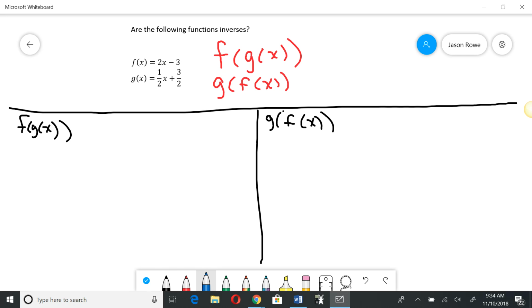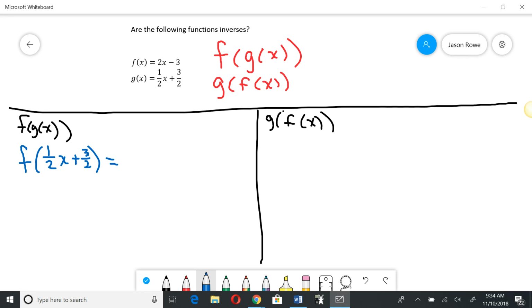So let's start with f of g of x. I need to replace x in 2x minus 3 with 1/2 x plus 3/2.